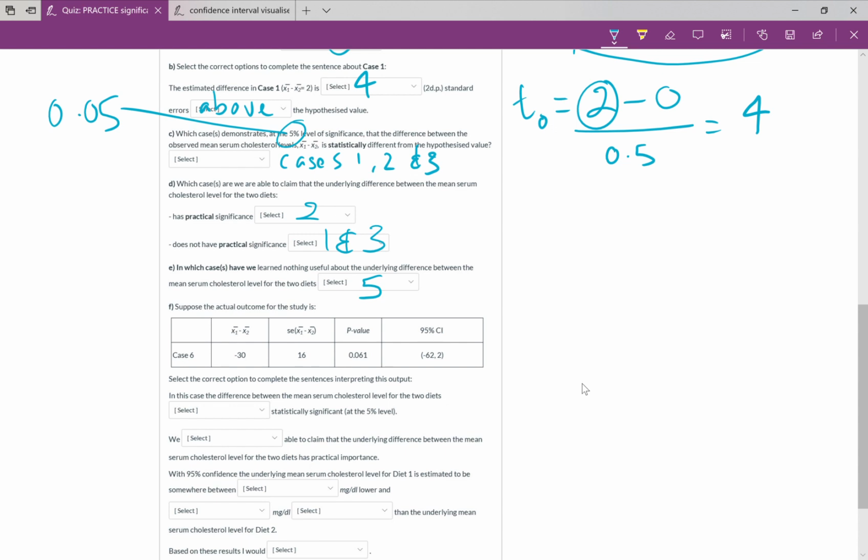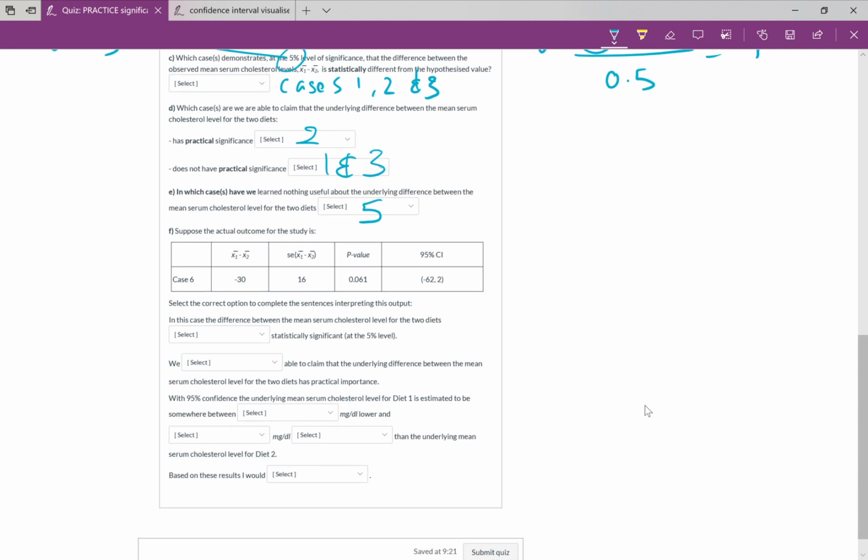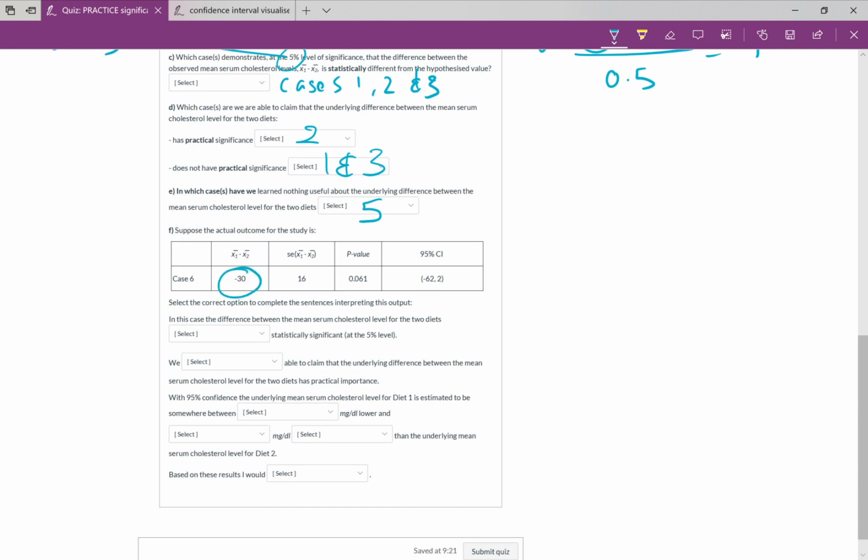Final example is looking at this extra additional case here. So let's have a look at what we can see. Firstly, with our estimate, it's negative, which is indicating to us that diet 1 is better, right, diet 1 having the lower mean cholesterol level.